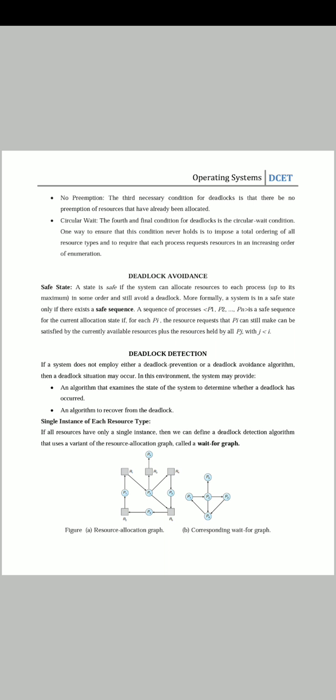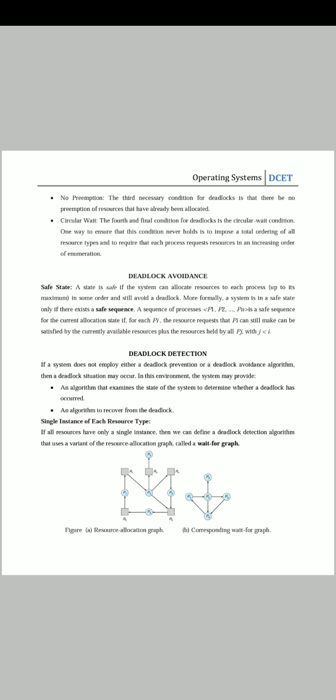If I allocate the resources to the processes in some order and none of the four conditions is achieved, that state is a safe state. The order in which I allocate the resources to the processes, I call it a safe sequence.